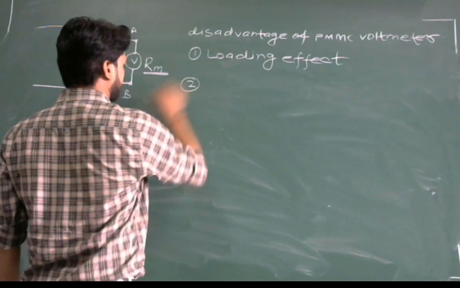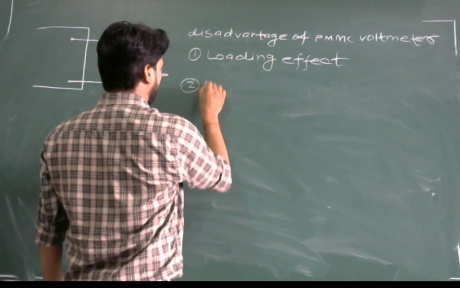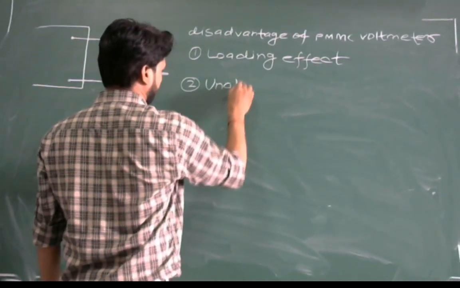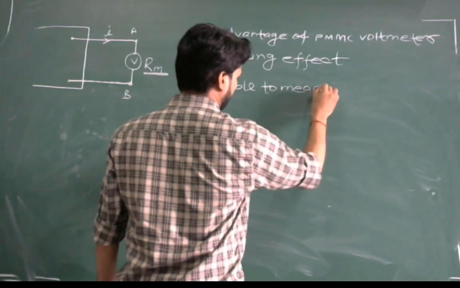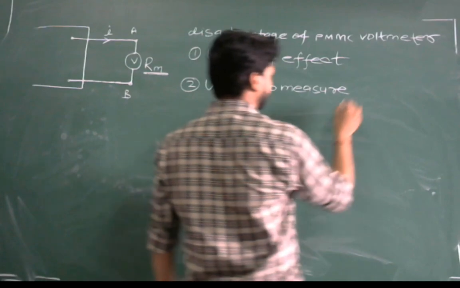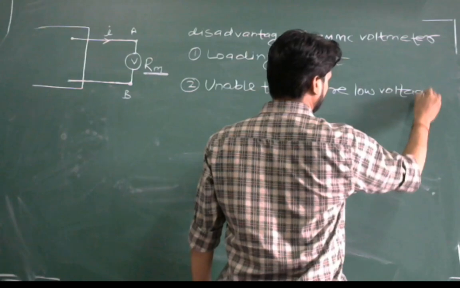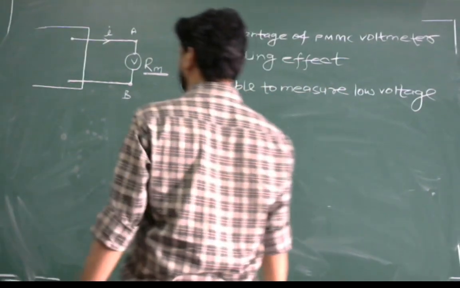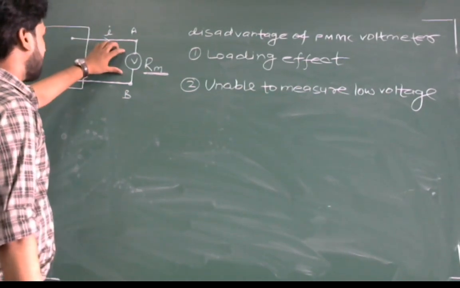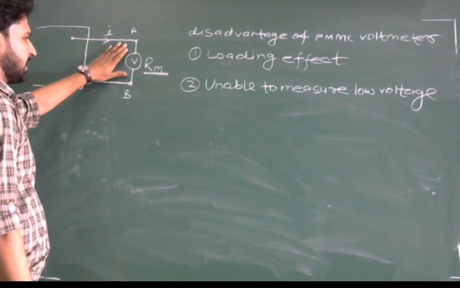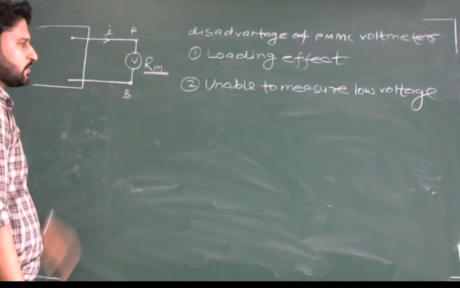The second disadvantage is that it is unable to measure low voltages, because a resistance of high value is connected in series, which causes a major voltage drop in the instrument.